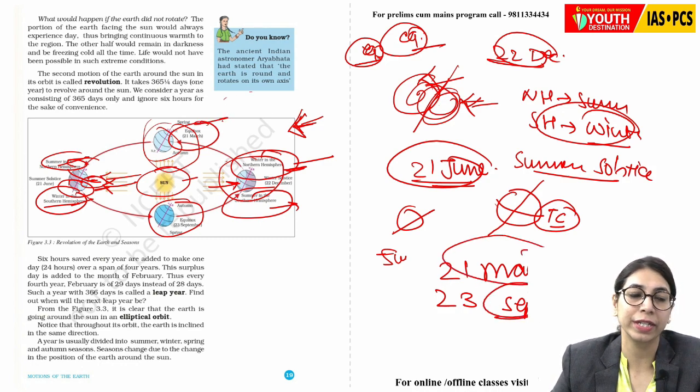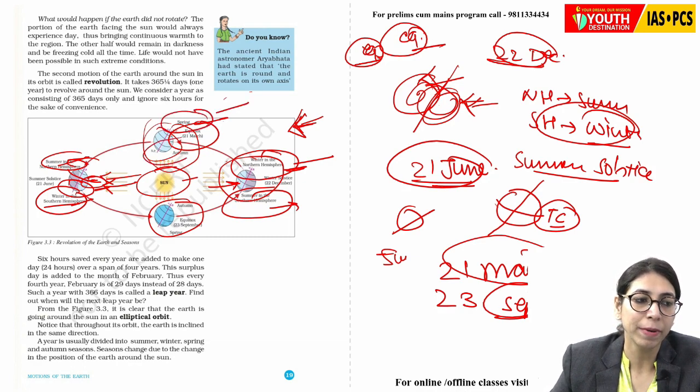On 21st March, the northern hemisphere will experience spring and the southern hemisphere will experience autumn. And on 23rd September, the northern hemisphere will experience autumn and the southern hemisphere will experience spring, right? So this is what is written here.